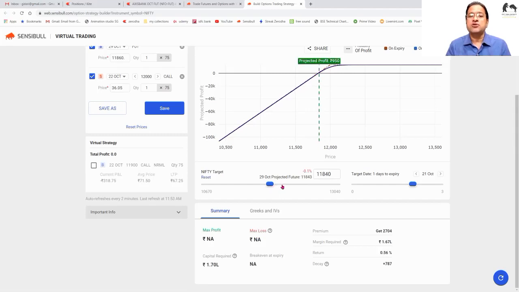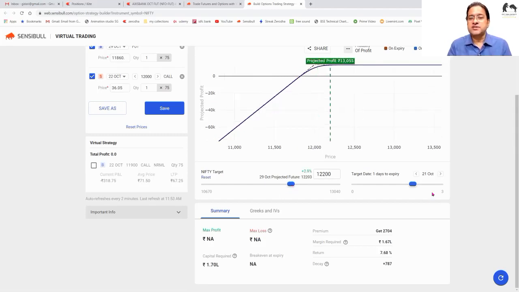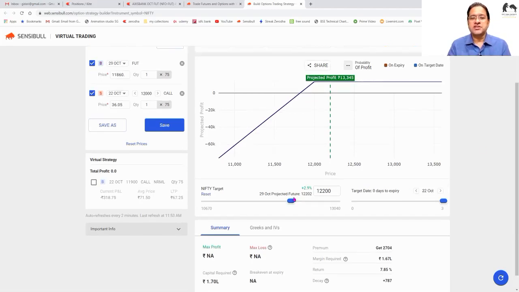And if it closes below, as you can see, 22nd October is the expiry date of the call which I have sold. In such a case, this is the kind of money. So here you have a return on investment of about, even if the market moves up by 2.9%, this is the ROI in simple words.